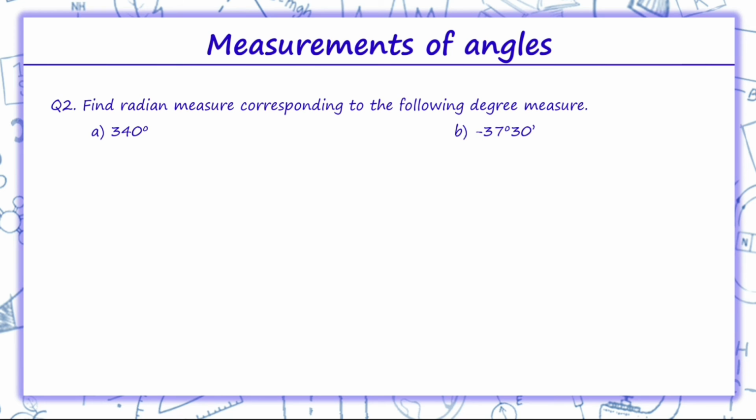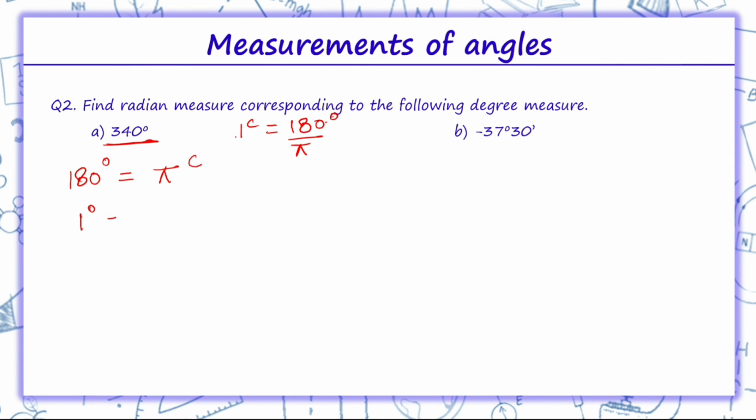Coming on to next question. Now we have to find the radian measure corresponding to the following degree measure. The degree measure given is 340 degree. We know 180 degree is pi radian, because 1 radian is 180 by pi degree, so 180 degree will be pi into 1, that is pi radian.